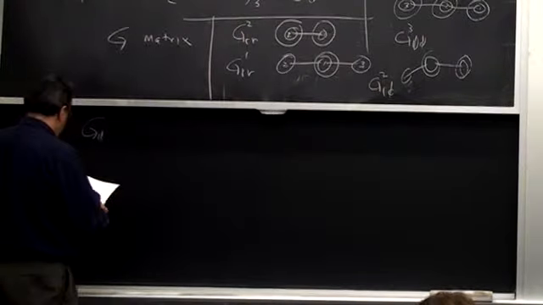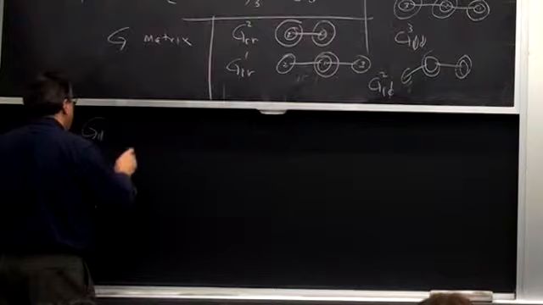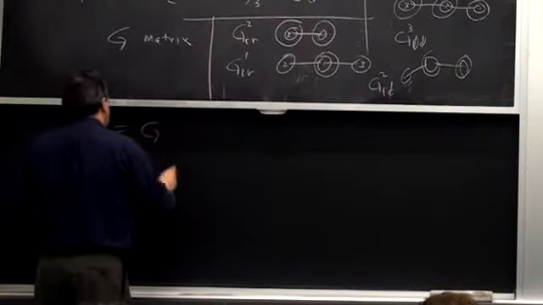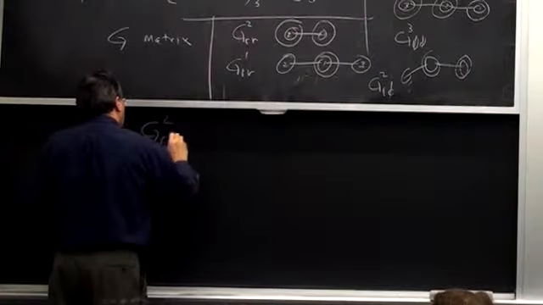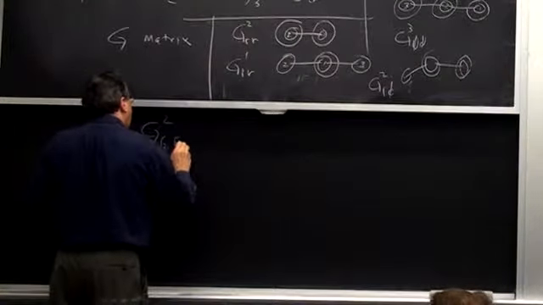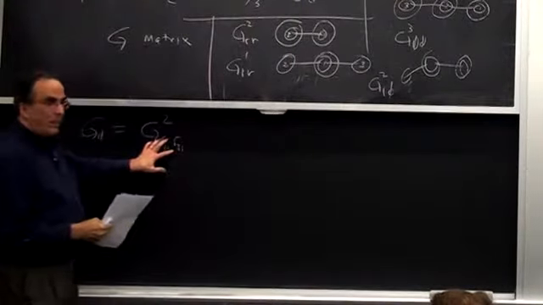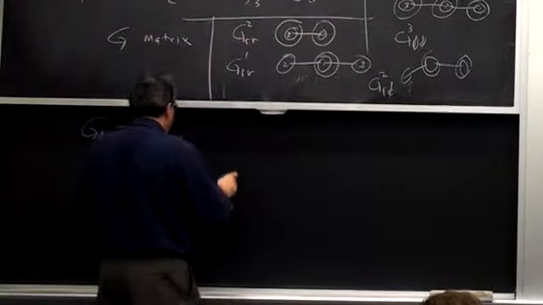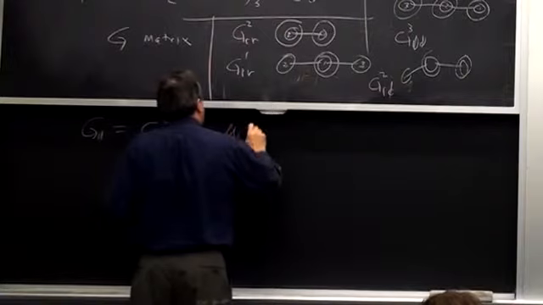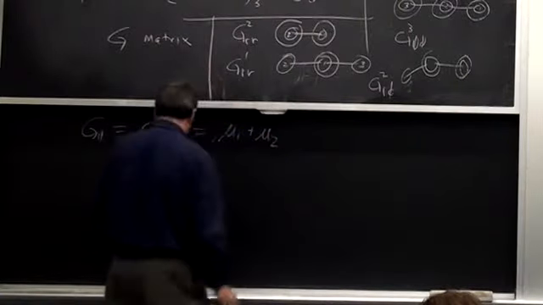Well, G11 is then equal to G2 R31. In other words, it's 2 identical stretches, and then you're told to write mu1 plus mu2.